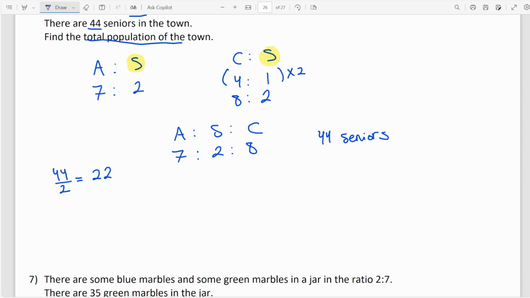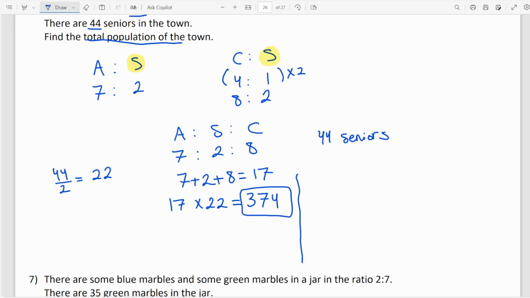So how will I find the total population? We can do this 2 ways. The first and easier way is to just simply add all of the parts you have, 7 plus 2 plus 8, which gives us 17, and then multiply 17 parts by 22 people per part, and plug this on the calculator. You get 374. This is the total population.